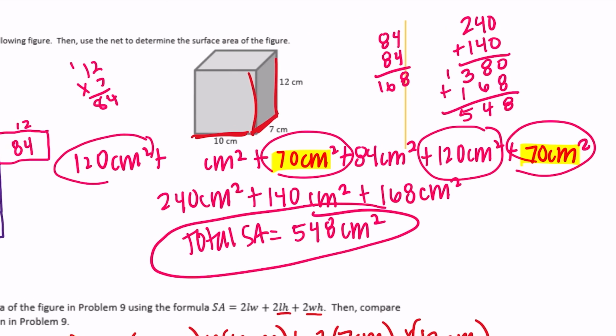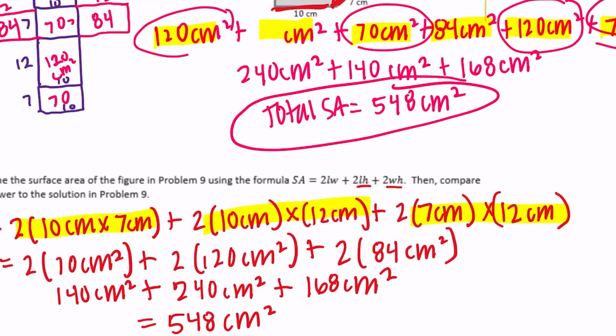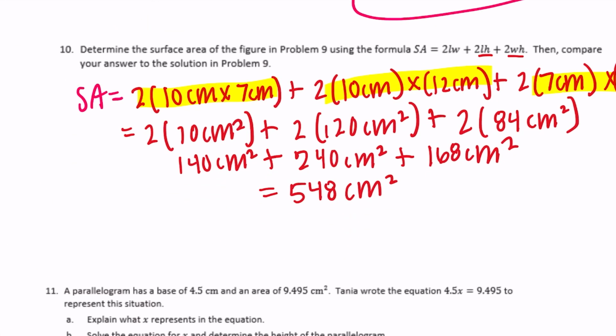Two groups of 10 by 12. 10 times 12 was 120. And then two groups of 7 by 12 was 84. That one got erased somehow. So they're the same. The formula was just a way to do it without a picture and a way to do it with just numbers.